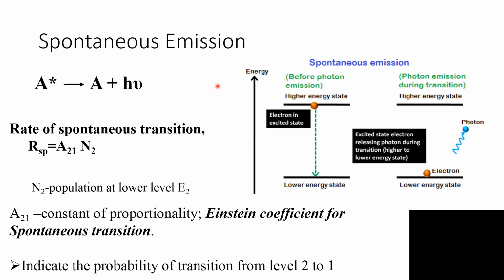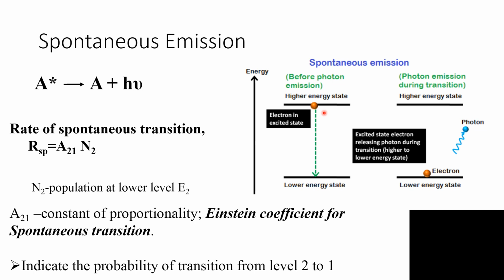Here we have spontaneous emission. So what is spontaneous emission? First, look at this figure. Again, we have a two energy level system, and in this system our electron is already excited to the upper energy level.